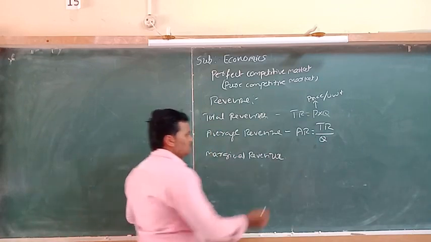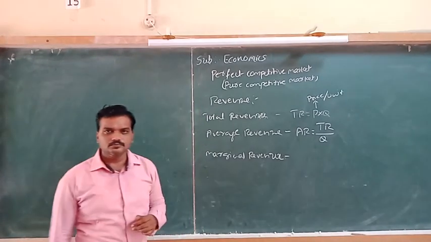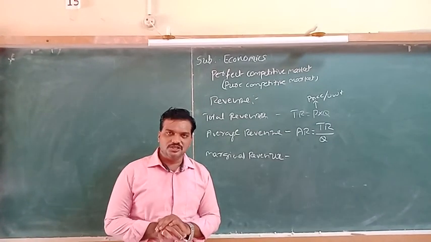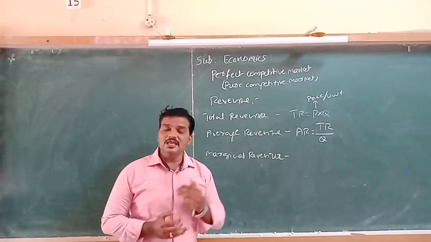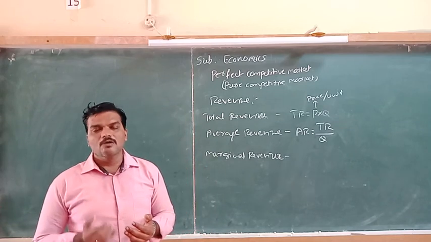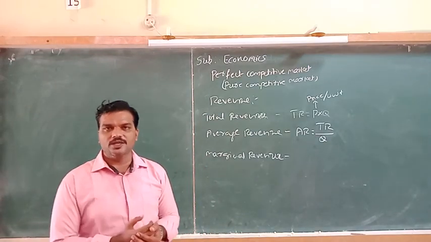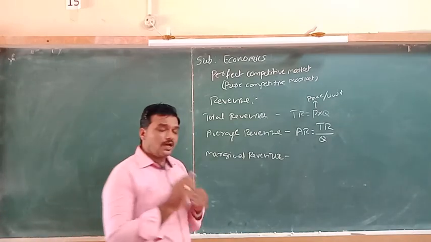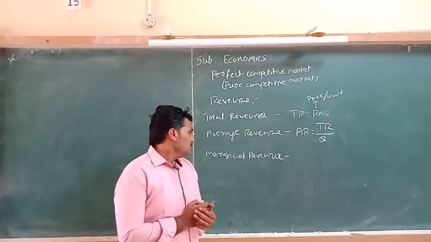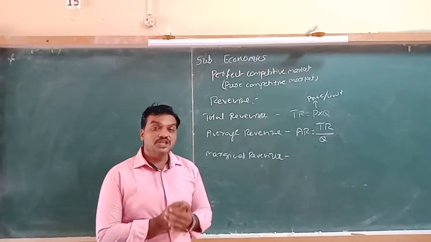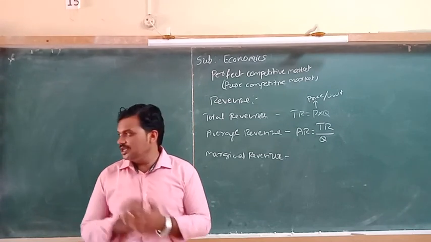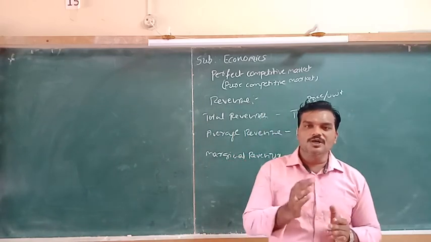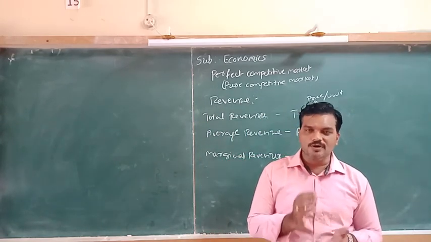Then marginal revenue. I already told you that margin means additional. See, the additional income received by a firm from the sale of an additional unit of a commodity. Or in another word, we can also define marginal revenue as the change in total revenue per unit of commodity sold.